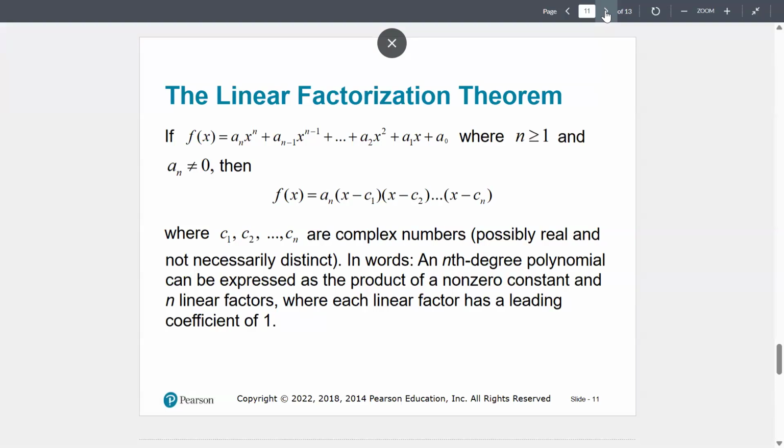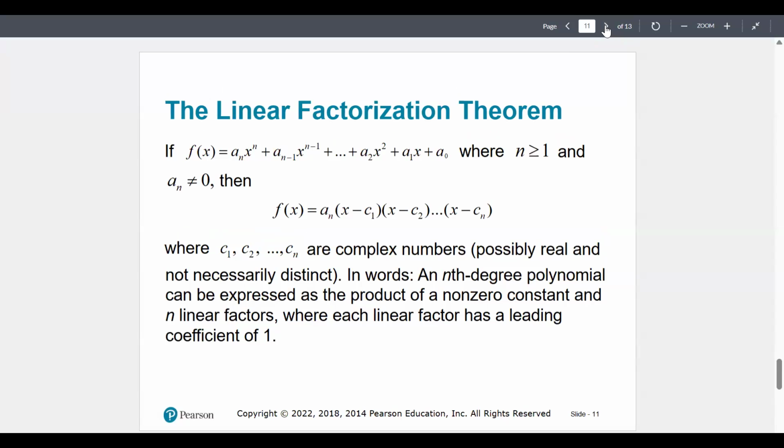So even going further, when you have a polynomial where n is greater than 1, so it's a polynomial that's bigger than, say, x plus 2 or something like that. So it's got a bigger degree than 1. Then the c's, which you see in my factored form here, are complex numbers, possibly real, but not necessarily distinct.